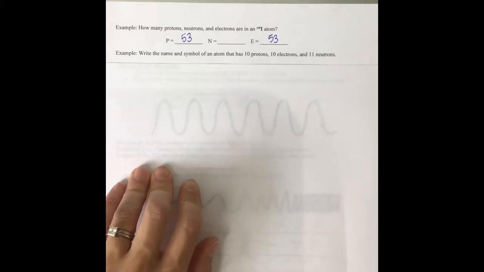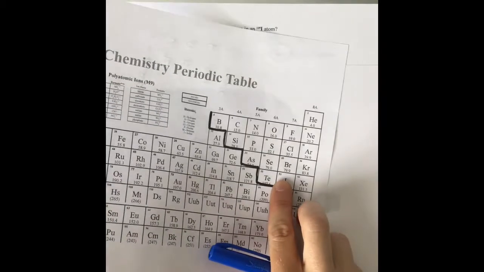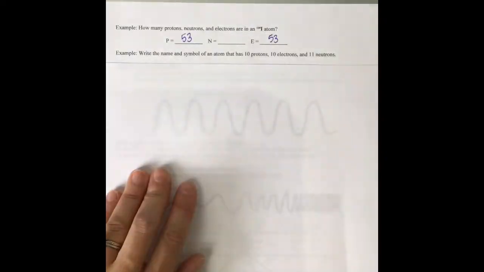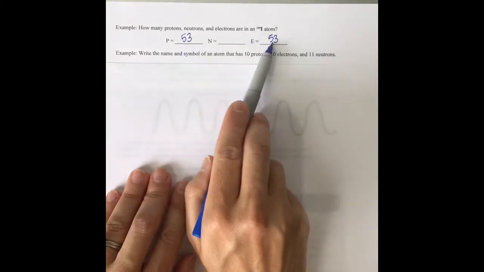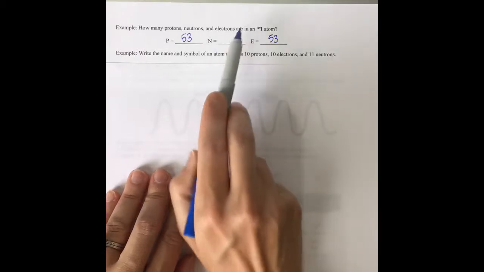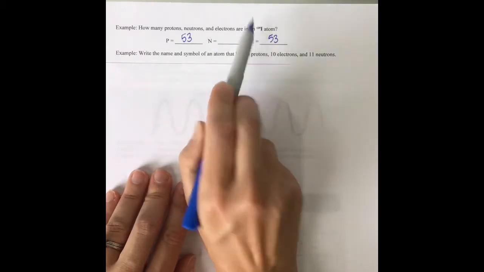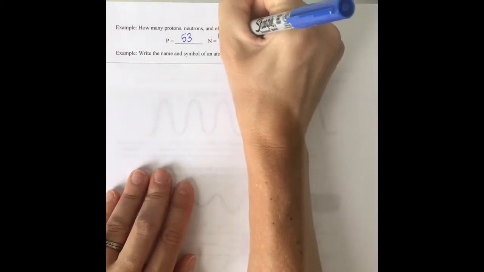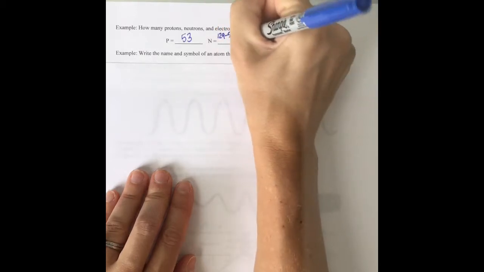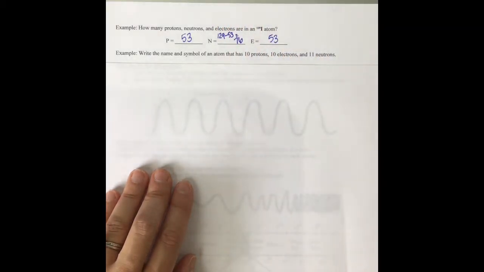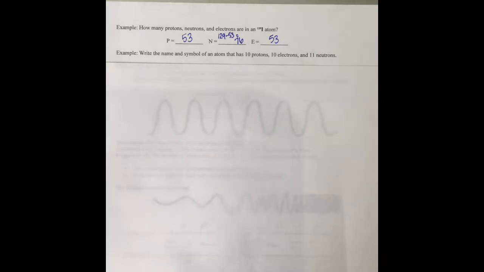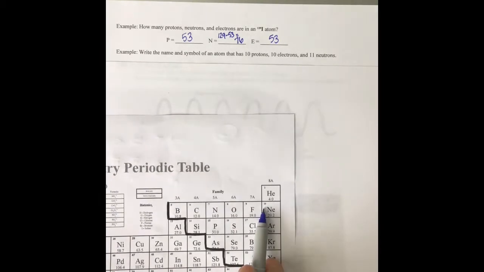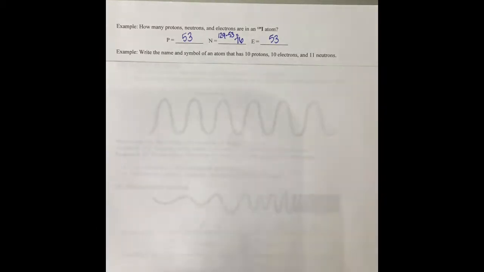Okay, so I went to my periodic table and I looked at iodine and saw that it's element number 53. So I know it has 53 protons, 53 electrons. To find the neutrons, you will always take the mass that's given to you in the problem, subtract your protons, and get your neutrons, 76. For the last one, we know that an element with 10 protons is the element neon.